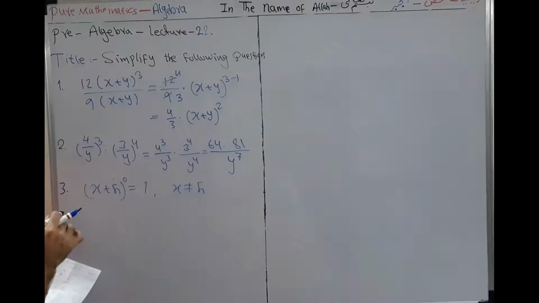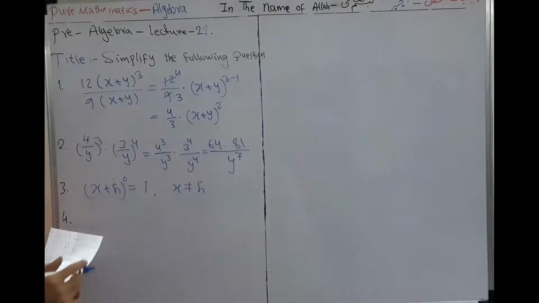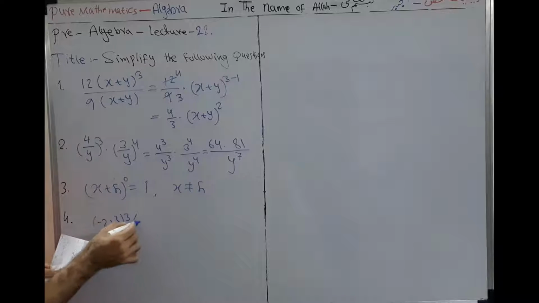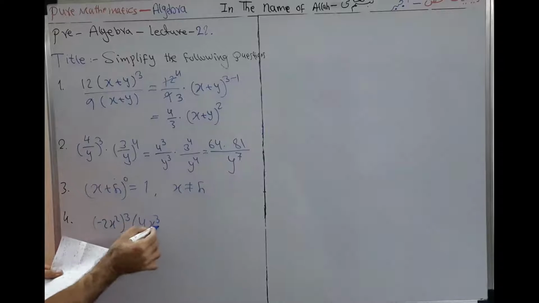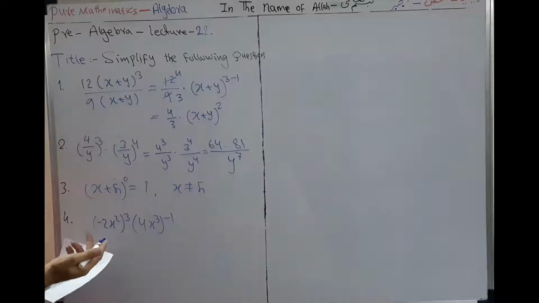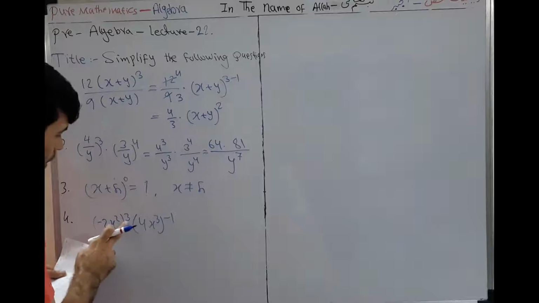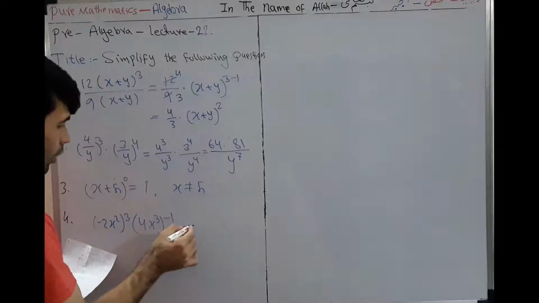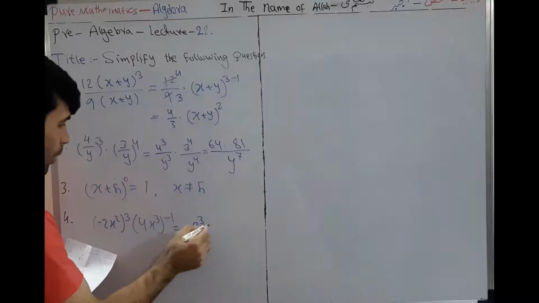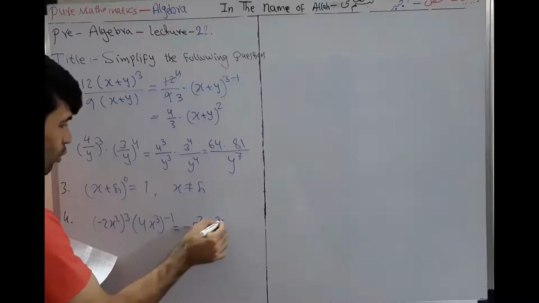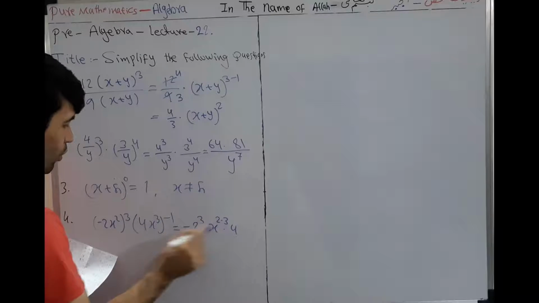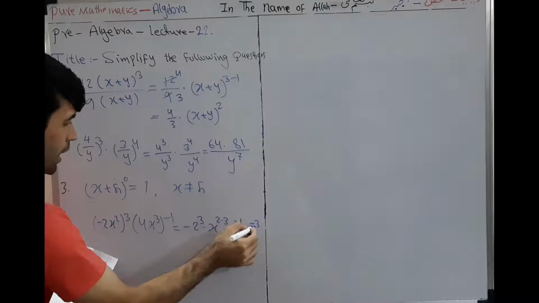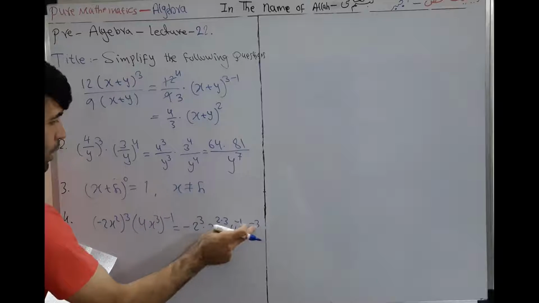Number 4. We have (minus 2x squared) to the power 3 multiplied by (4x cubed) to the power minus 1. Here, minus to an odd power stays negative, so it is minus 2 to the power 3 into x to the power 2 multiplied by 3, that is x to the power 6, into 4 to the power minus 1 into x to the power minus 3. 3 multiplied by minus 1 is minus 3.